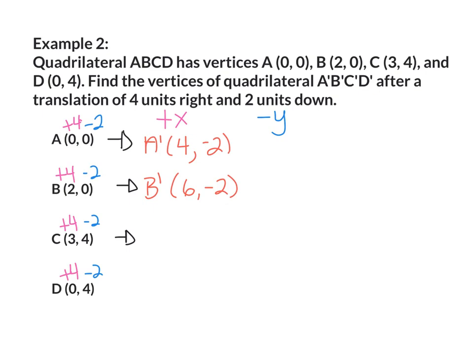Now C prime. I have 3, I add 4, that gives me 7. I have 4, I subtract 2, that gives me positive 2. And then for D prime, I have 0, I add 4, that gives me 4. I have 4, I subtract 2, that gives me positive 2.